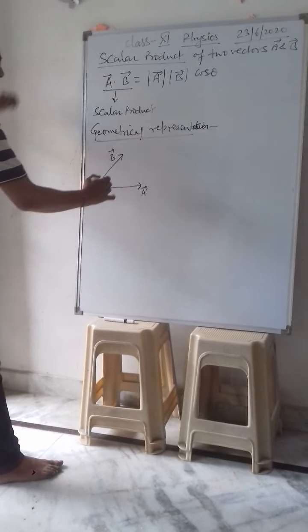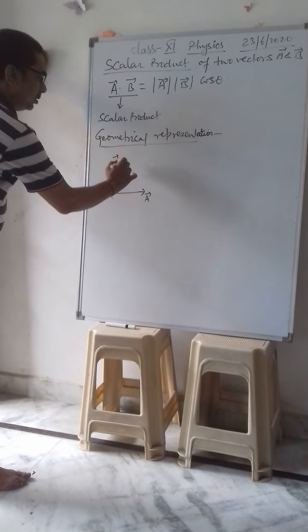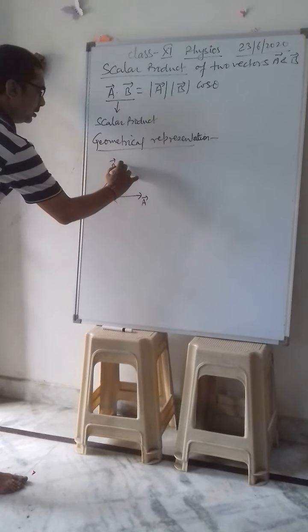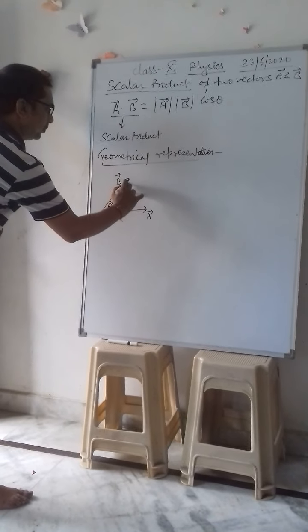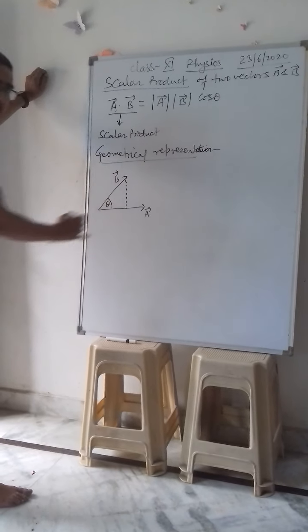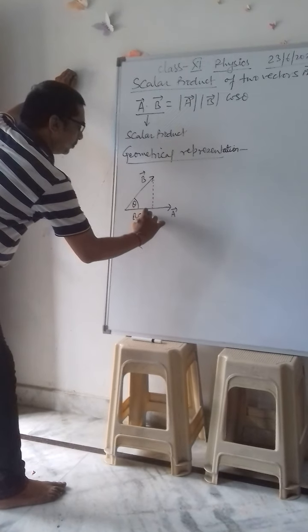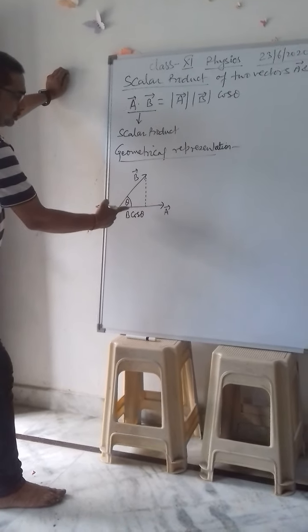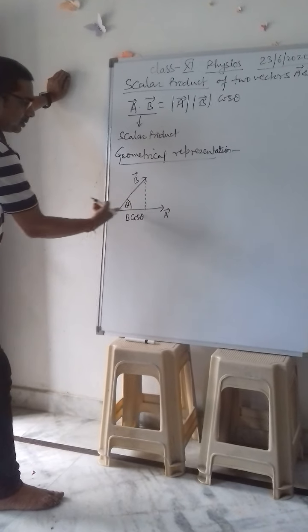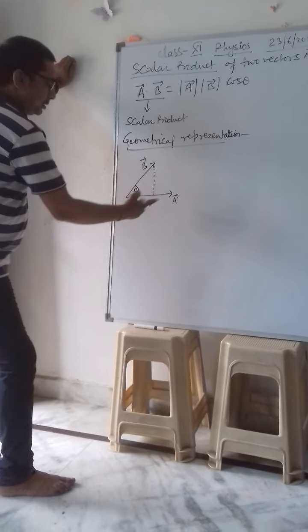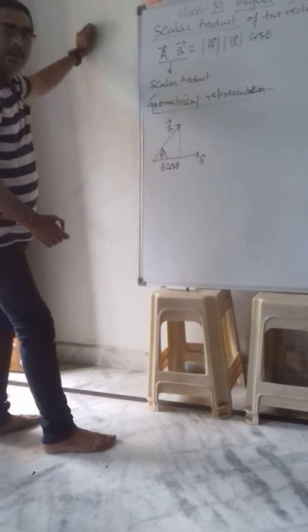So we can draw the perpendicular, that means the projection of vector B on A is B cos theta. It means the projection of B on vector A along the x-axis is B cos theta.